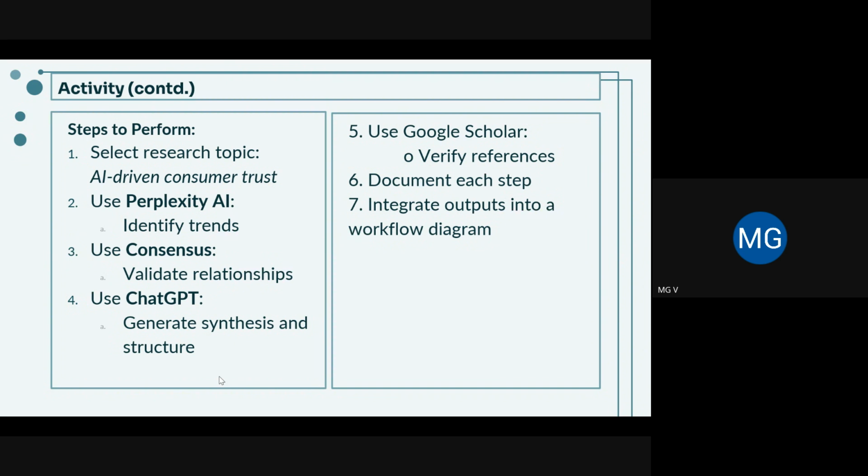So I hope now all four tools are very clear. Perplexity for trends, Consensus for validating relationships, ChatGPT for synthesis and structure generation, and Google Scholar for reference verification. Then we can document each step and integrate outputs into a workflow diagram.